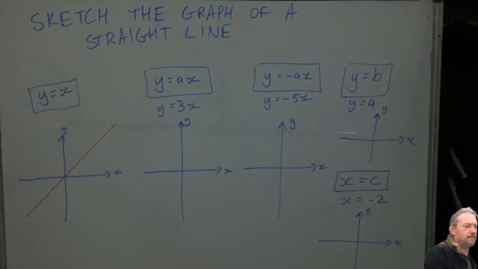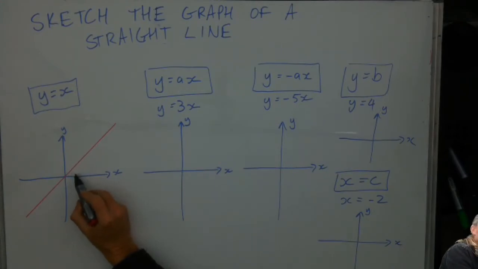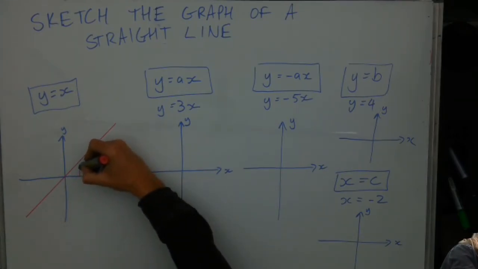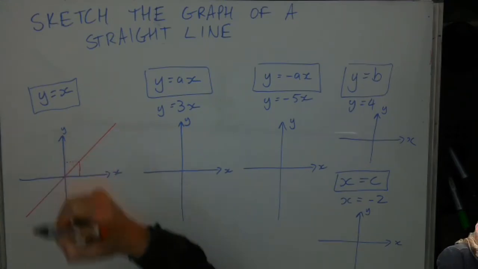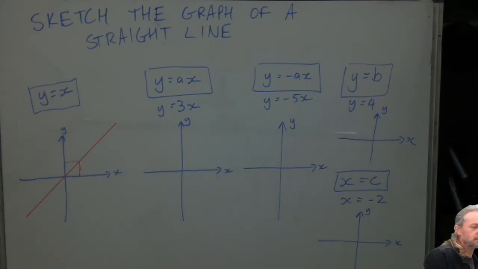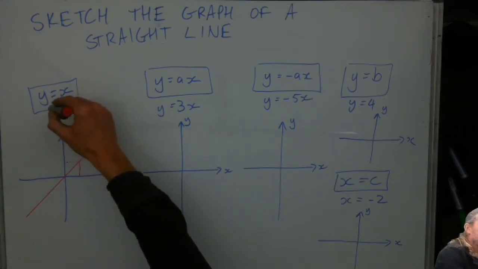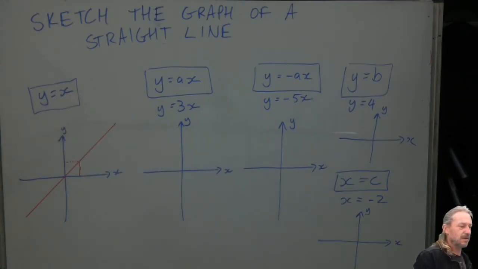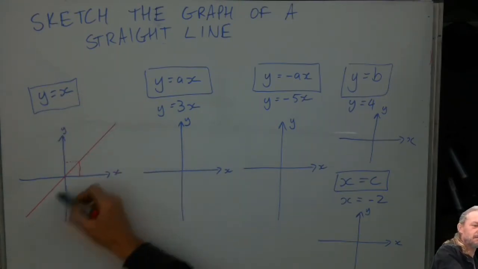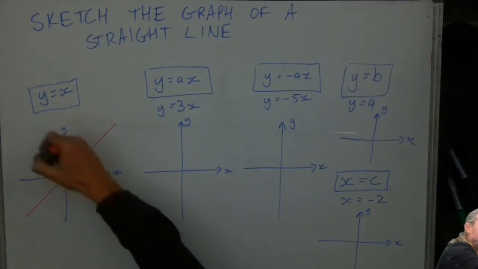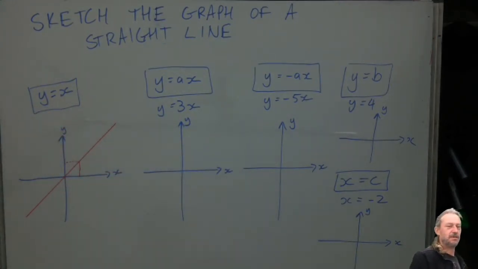That's that line. Essentially, think of this as a 45-degree angle, and for every one step we come in this direction, we go up 1. So that is the basic one. If it was y equals -x, it would come down this way.